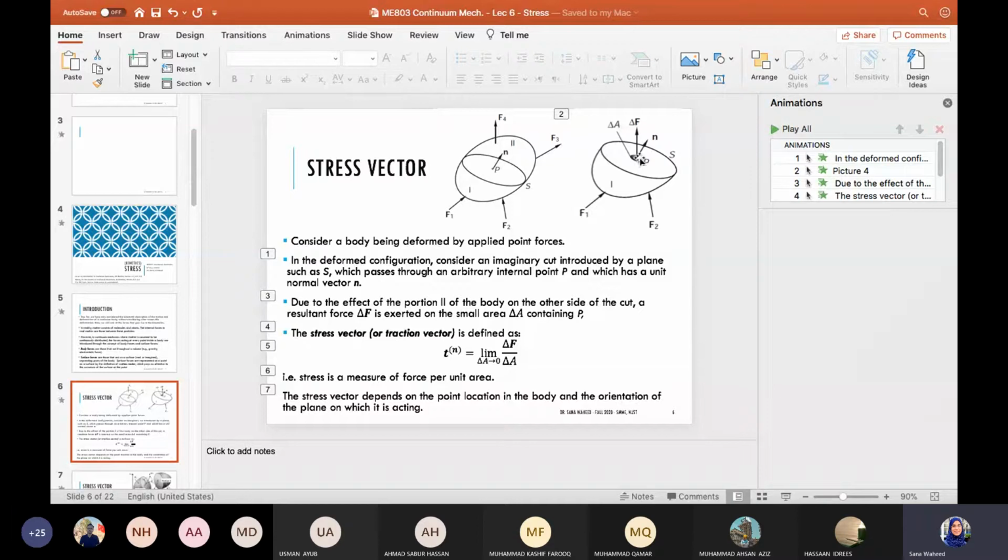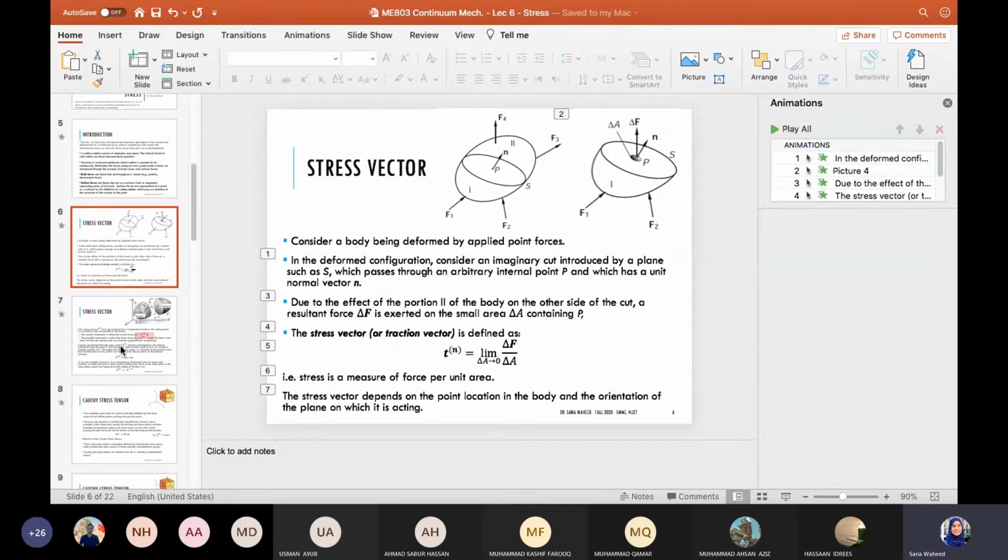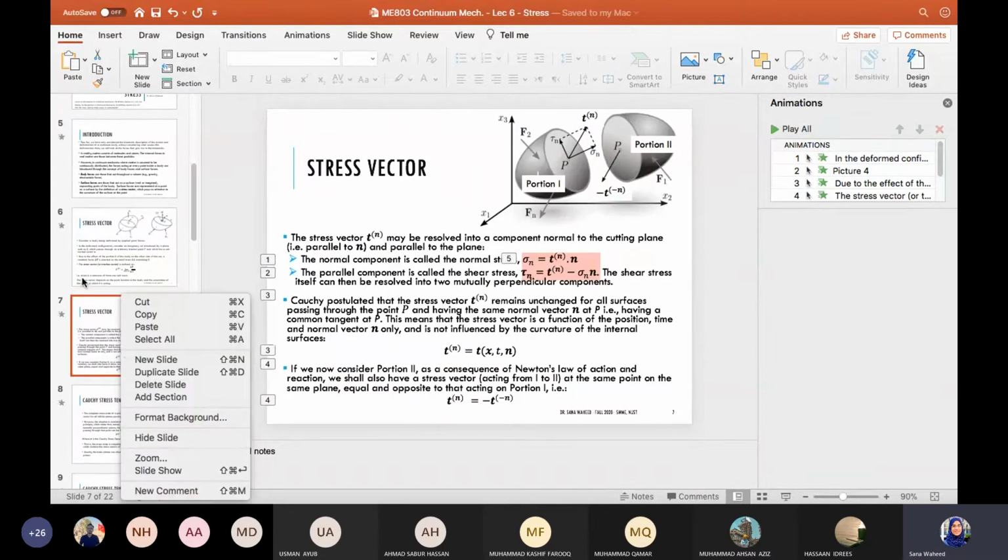Now, of course, when I'm talking about just one cut face, it's a force per unit area, right? So forces are vectors. So this force per unit area is also a vector, which is known as the stress vector or the traction vector.